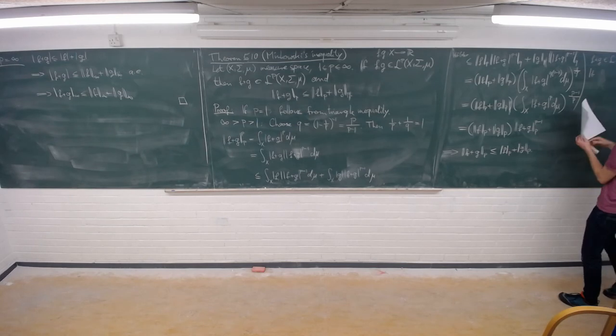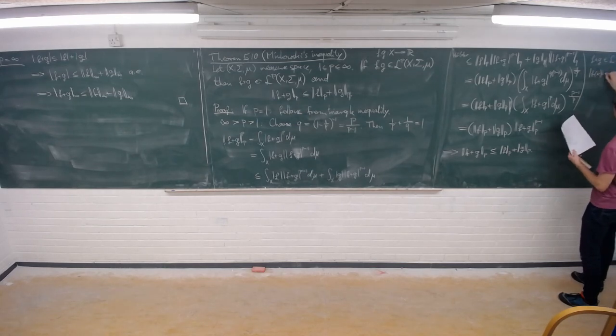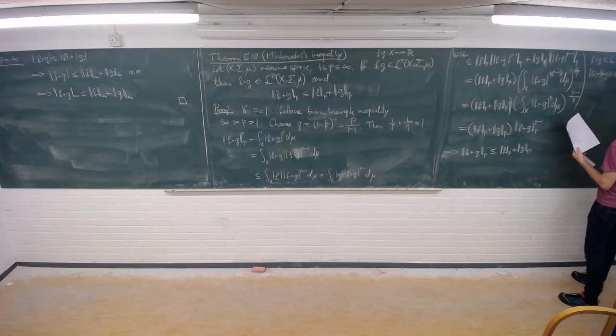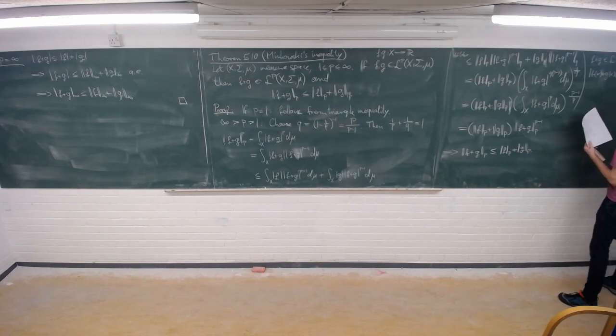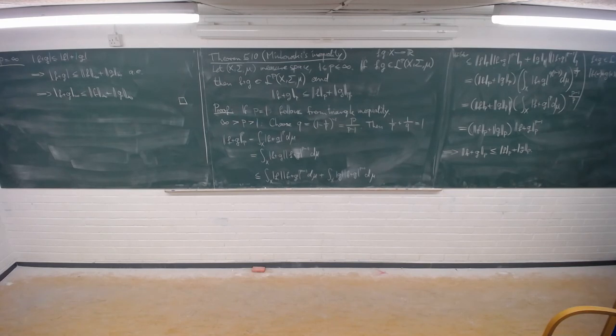Okay, if we take a point x in X, then the absolute value of f of x plus g of x to the power p is bounded by 2 times the maximum of f of x and g of x, right?